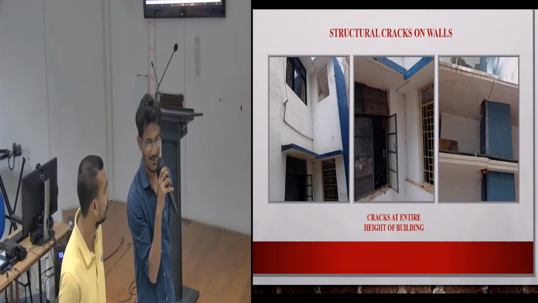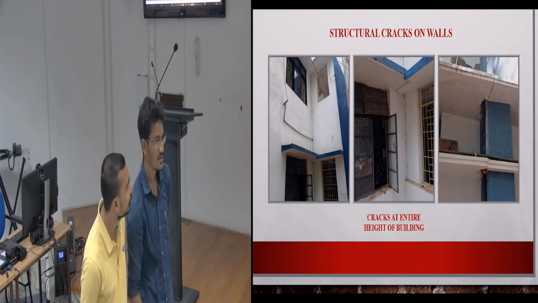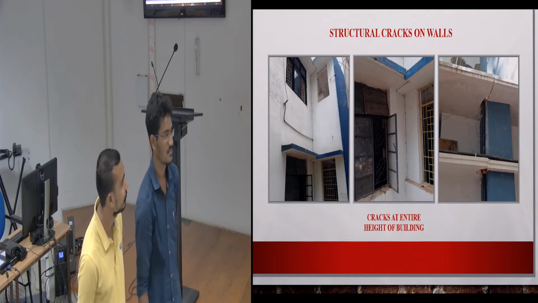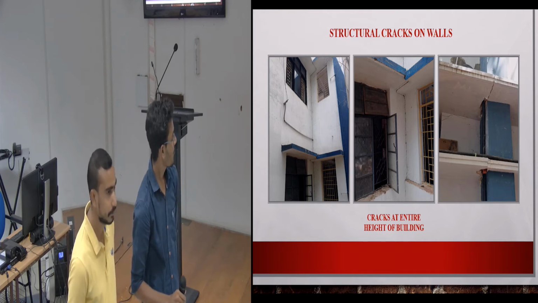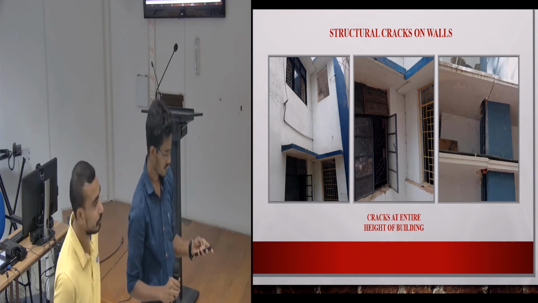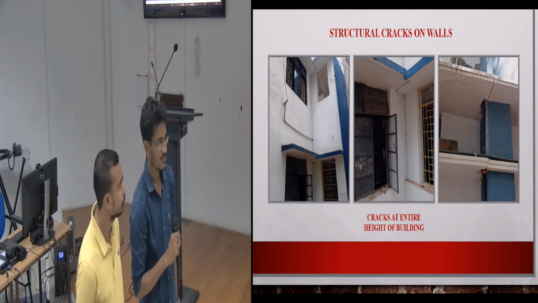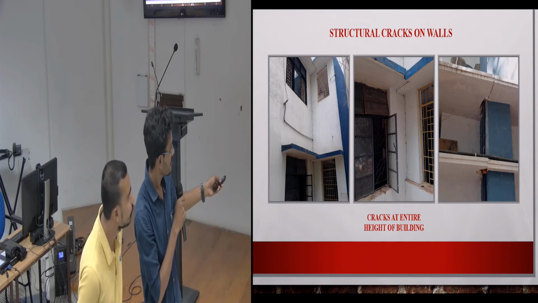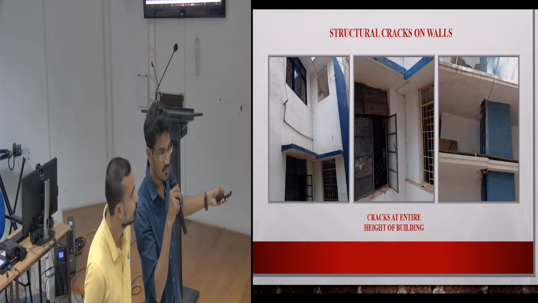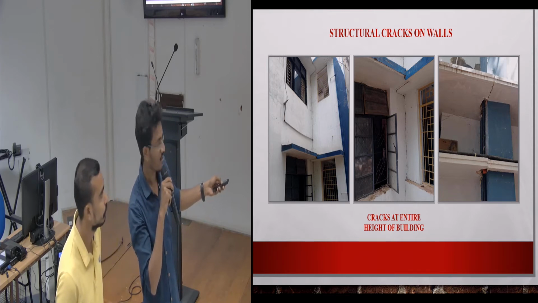Focus on the rightmost picture, because it's really disturbing to see the lantern is not shifting.